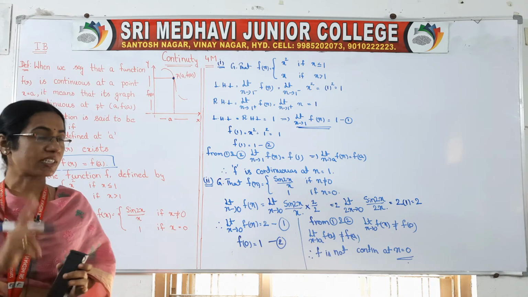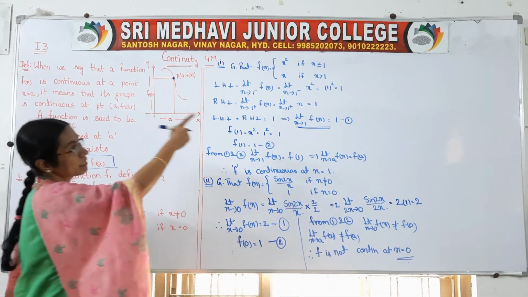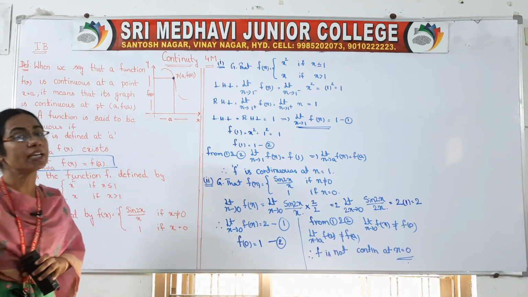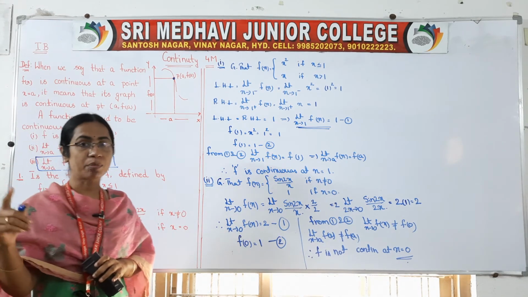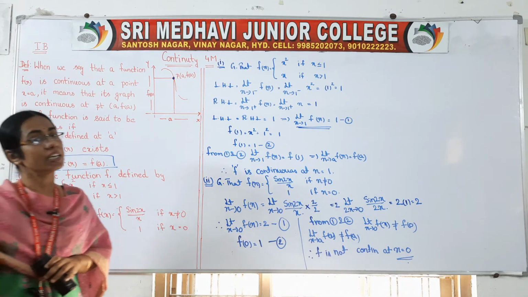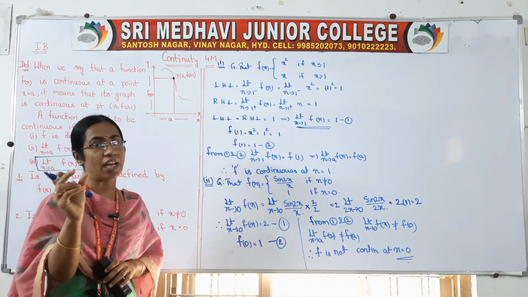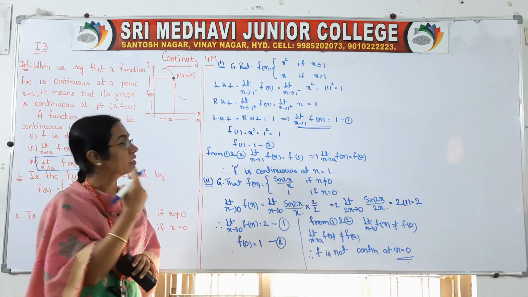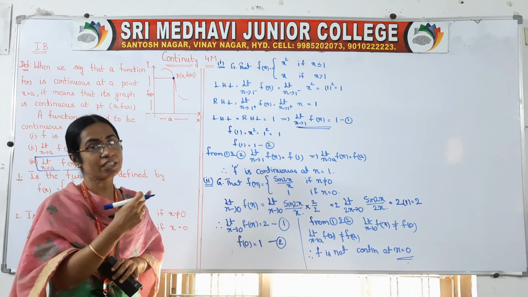So there are two ways. Whenever less than 1, greater than 1 are given to us, we have to find the left hand limit and right hand limit. If both are equal, that limit exists. Next, we have to find f of that particular value, so with that we will know whether the function is continuous or not.